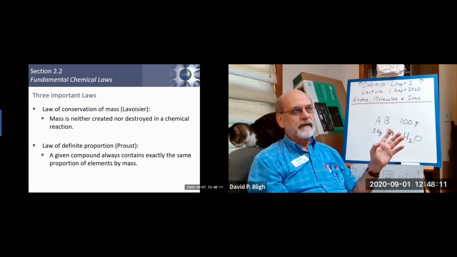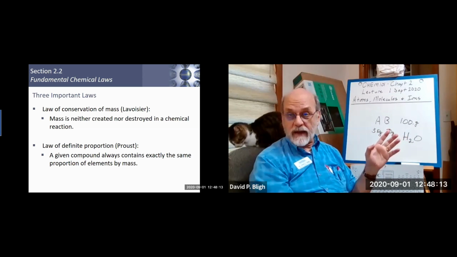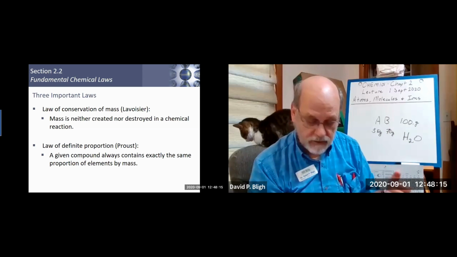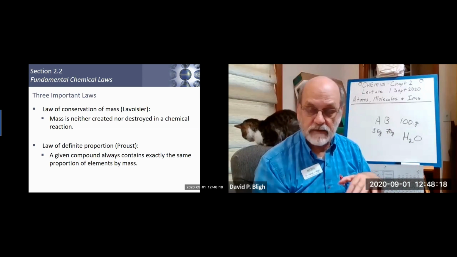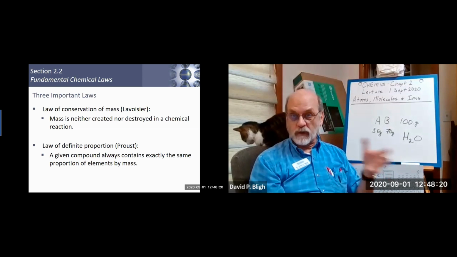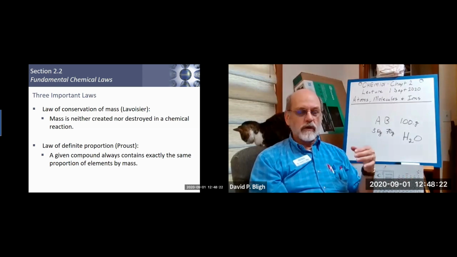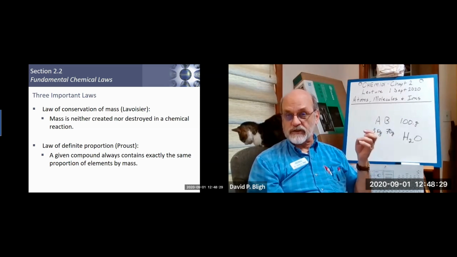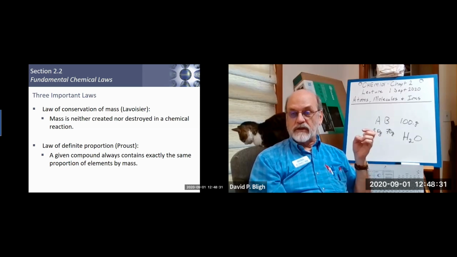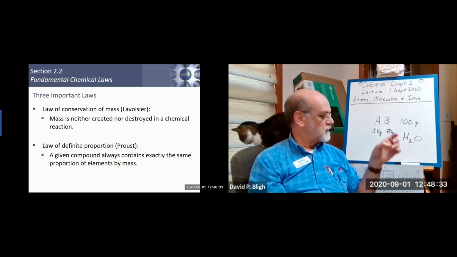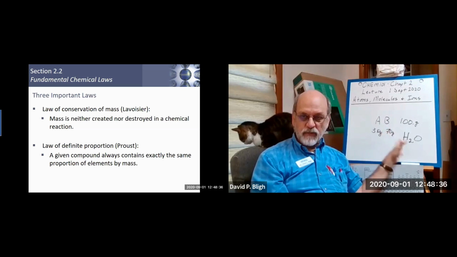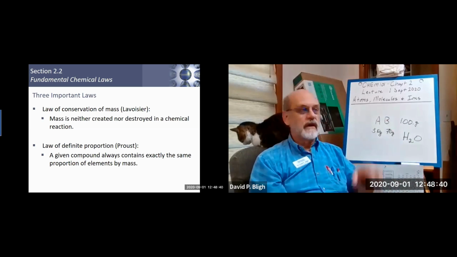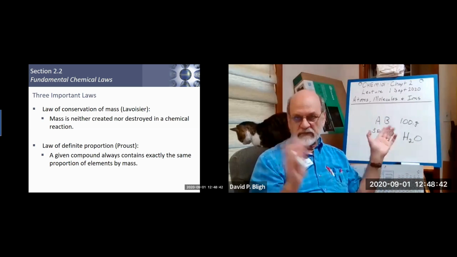For instance, we could form water by reacting an acid and a base. It always produces water as one product. Or you could burn hydrogen in an oxygen atmosphere, and you get water as a product. It's always the same proportion of hydrogen to oxygen, whether it comes from an acid-base reaction or from a combustion. Doesn't matter.